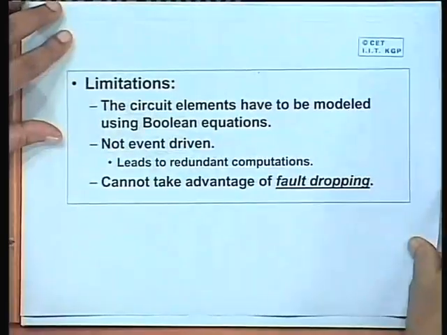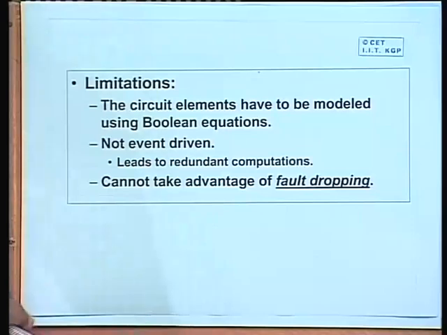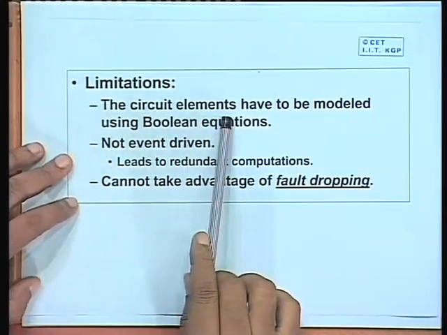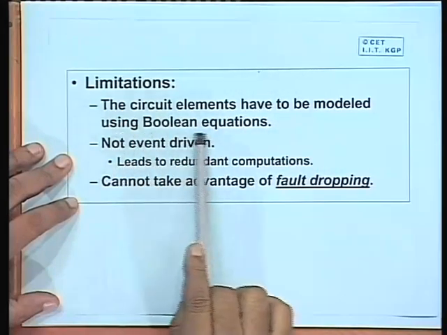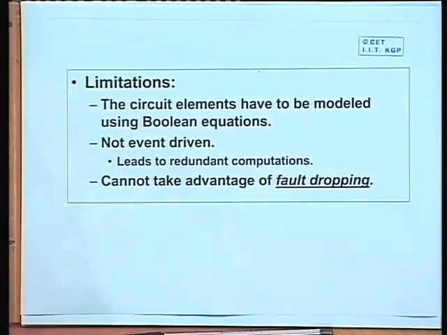Now, this method is all right, it works, but it has some limitations. First thing is that this method works only if the circuit elements can be modeled using Boolean equations, because you are trying to utilize the inherent parallelism in the ALUs in the instruction set.